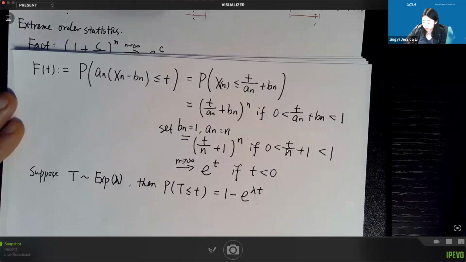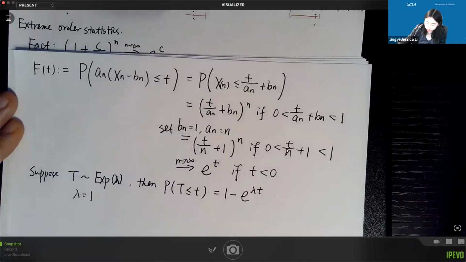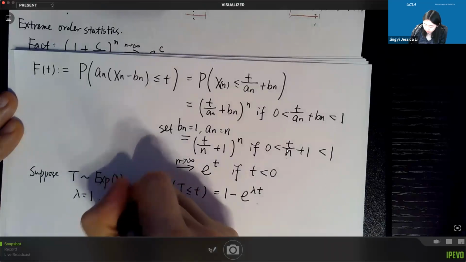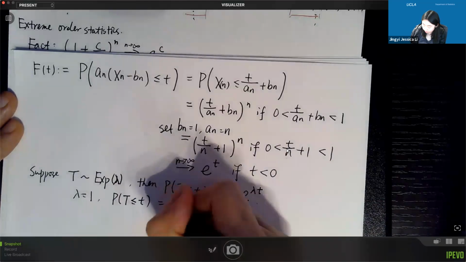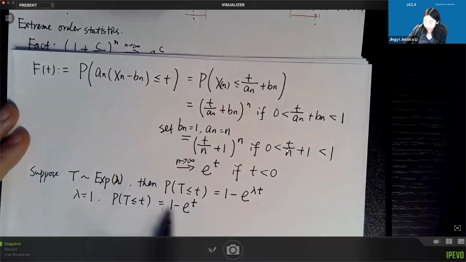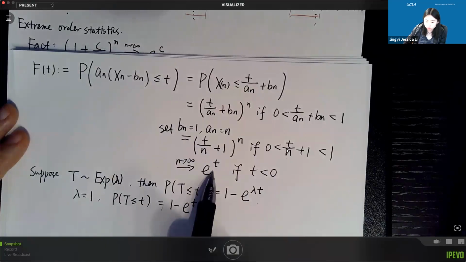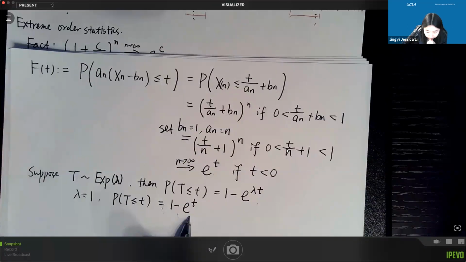So in other words, given this knowledge, if lambda equals 1, then we would have the probability that T is less than or equal to t equal to 1 minus exponential t. And you see, this is very close to what we have here. It's just that we have exponential t here, and here we have 1 minus exponential t, right?